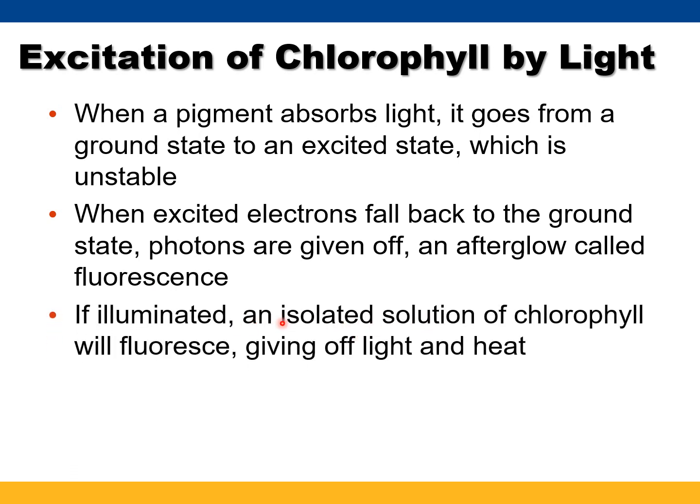So if we isolate chlorophyll, we shine a certain wavelength of light on it, that solution will not only warm up, but it'll also glow in a very, very specific wavelength. Just like a bell rings at a specific tone, in the example that I used in class, a bell will ring and it has a given tone. We will also give off a given frequency of light.